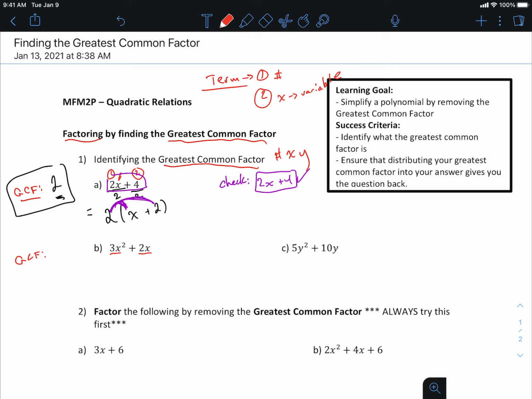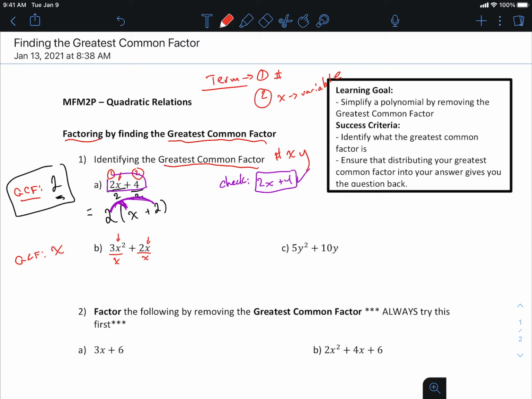It doesn't look like this time I can divide by 3, because 3 doesn't go in evenly. So that doesn't work for this one. There's not going to be a number in my greatest common factor, but there is something else in there that I could factor out. It looks like both of them have an x. So I could divide them both by x.